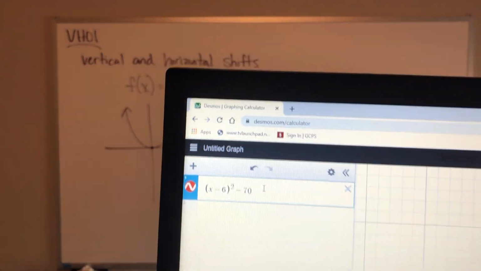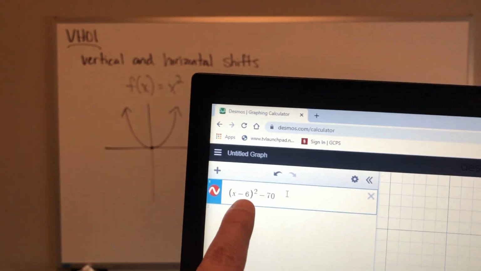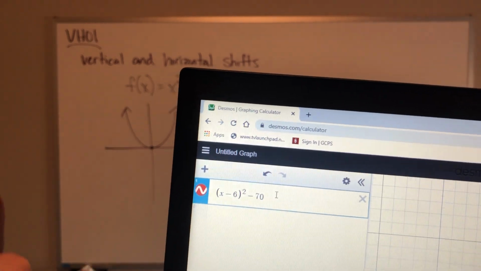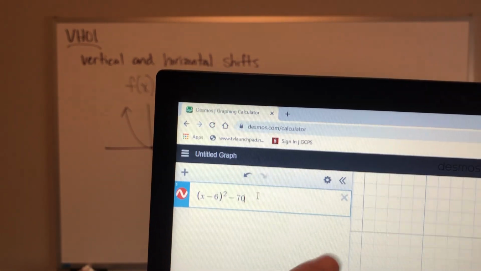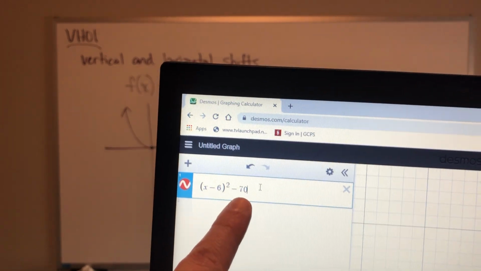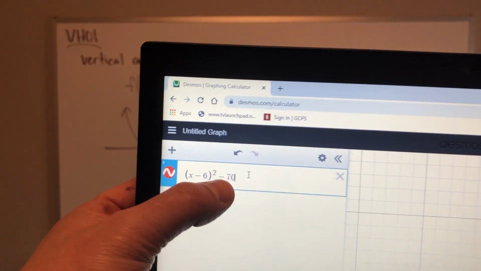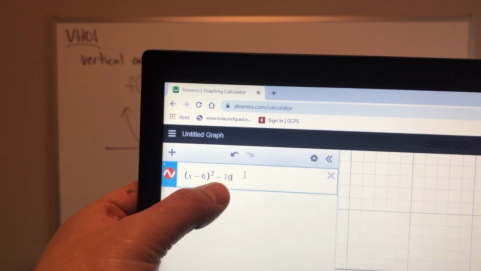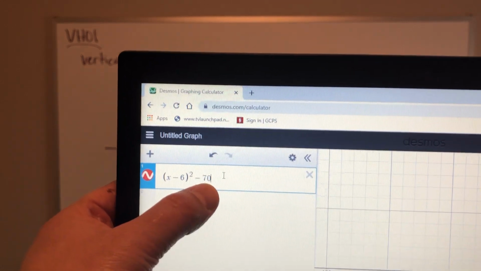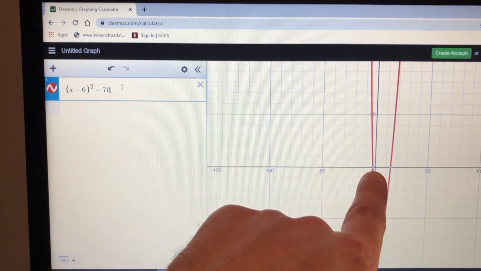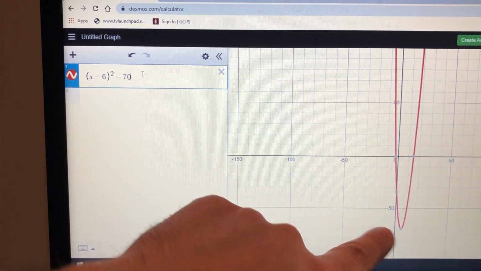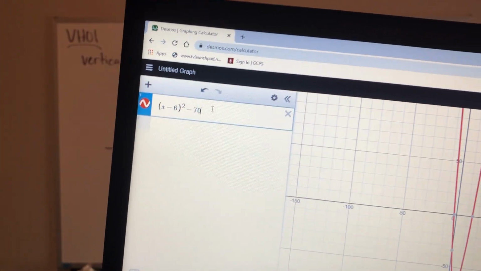Now, if we focus just on the equation itself, opposite of this, exactly that. Remember what I said. Every sign and number that's outside of the parentheses is vertical and a truth teller. If it's a truth teller, the minus sign indicates down. So down 70. Take a look at this function. If we started with the vertex at the origin, it does look like it went down 70. So that was one of the physical transformations that occurred.